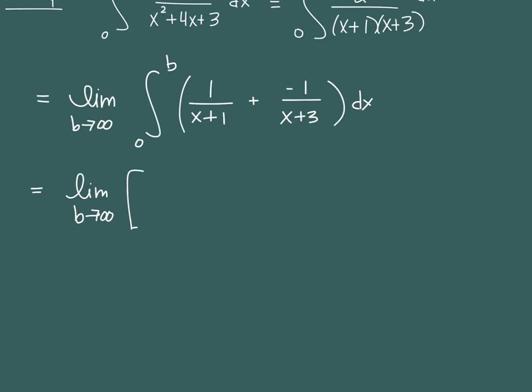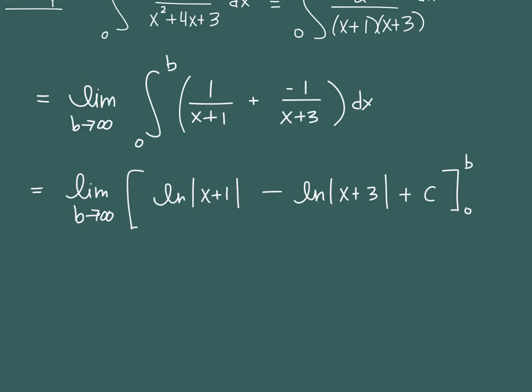The antiderivative of 1 over x plus 1 is the natural log of the absolute value of x plus 1 minus the natural log of the absolute value of x plus 3 plus c going from 0 to b.